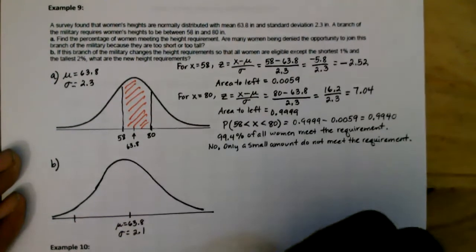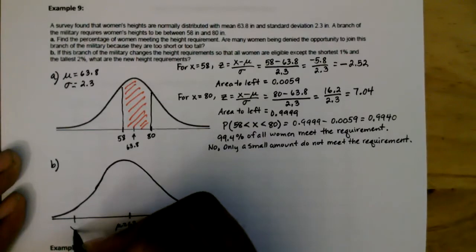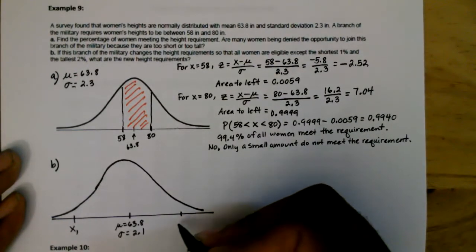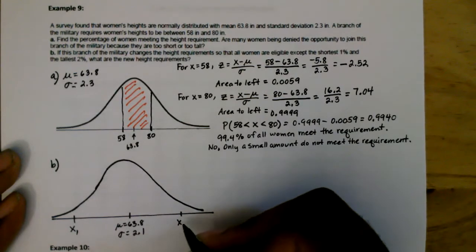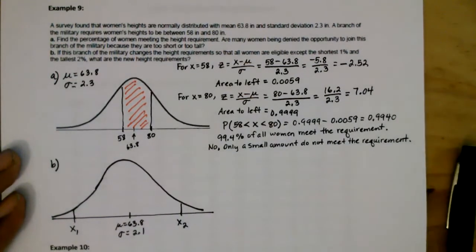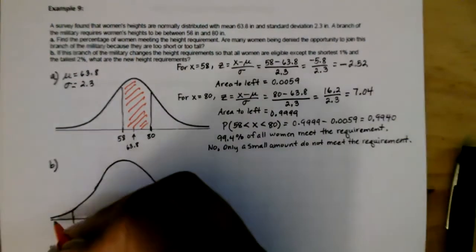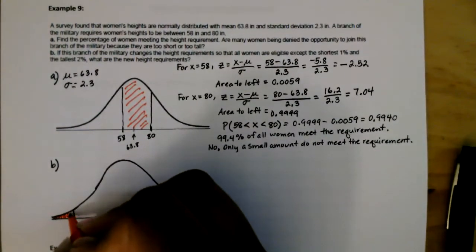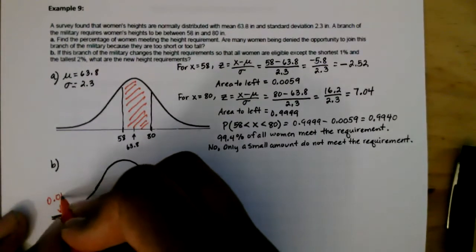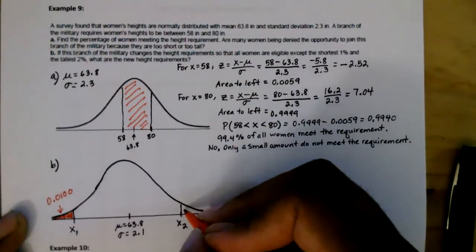The smallest 1% would be somewhere to the left. I'm going to label this as X1. The tallest 2% would be somewhere over here. I'll label that as X2. So this represents the smallest 1%, and as a decimal, 1% would be 0.0100.